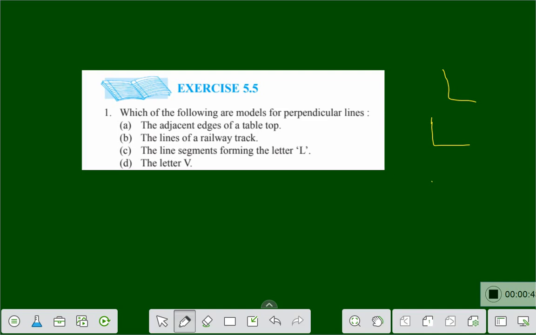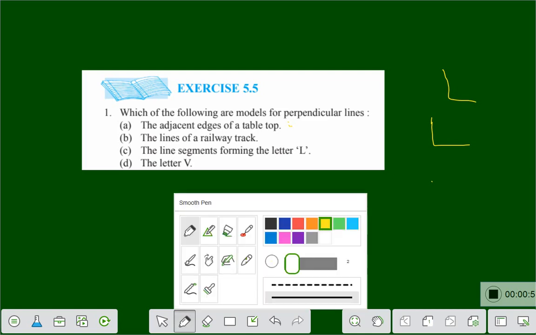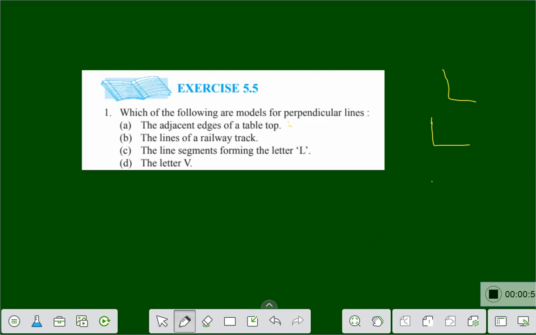Then you can say yes, this is perpendicular. Yes. Now question number B.